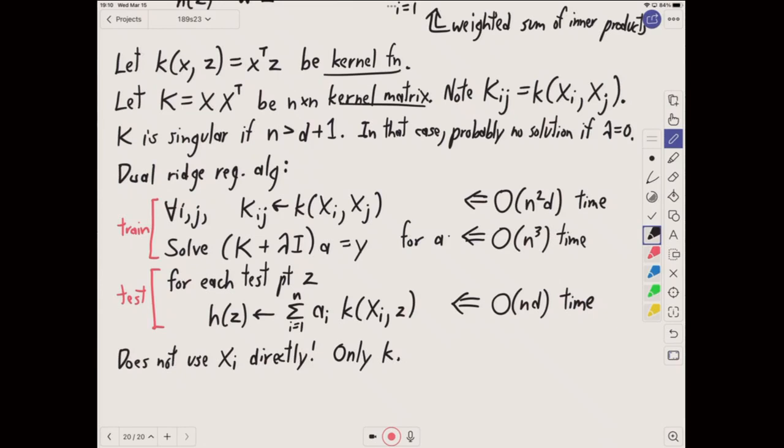I want to re-emphasize the fact that this dual ridge regression algorithm produces the same answer as the primal ridge regression algorithm if you penalize the bias term in the primal ridge regression algorithm. So we're not doing this to get a new algorithm. We're using this to get ridge regression, but make it faster in certain circumstances.